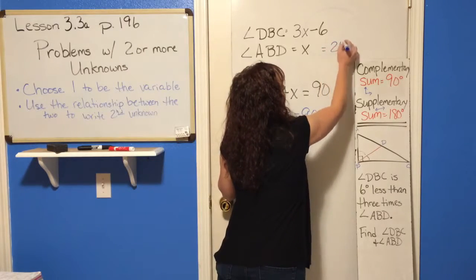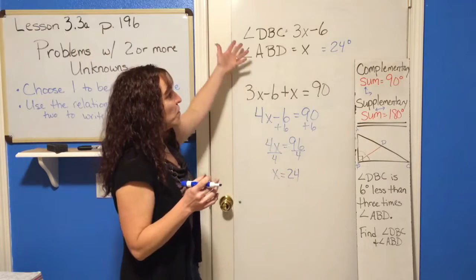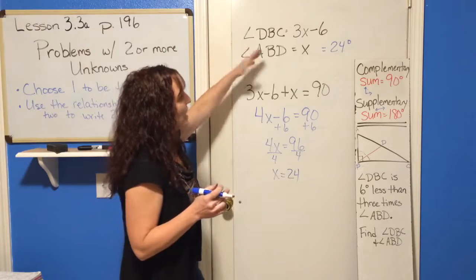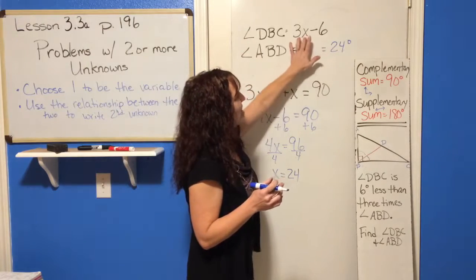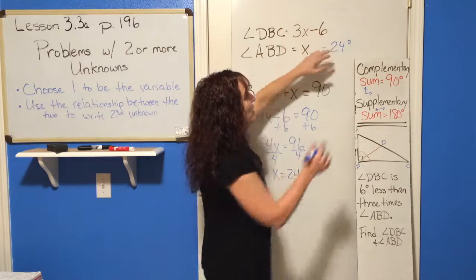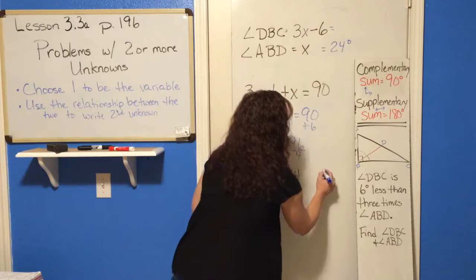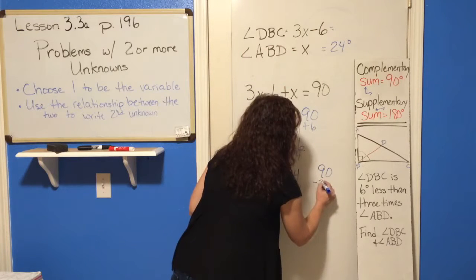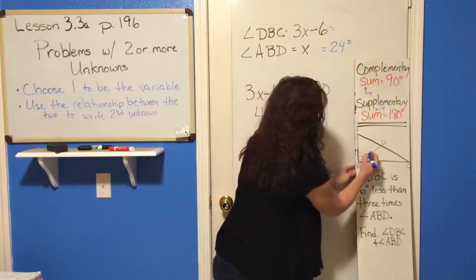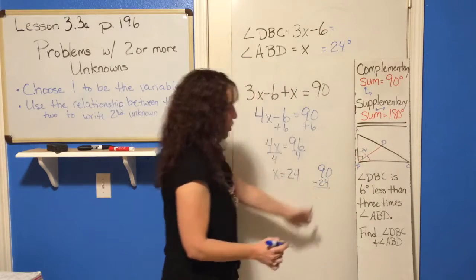X is 24 degrees. Now there's two different ways you can find the other angle. You can either put that 24 into this expression to find what this one equals, or remember the two equal 90. So you can just take 90 minus 24. If this one is 24, then this one plus this one equals 90, so you can just subtract.